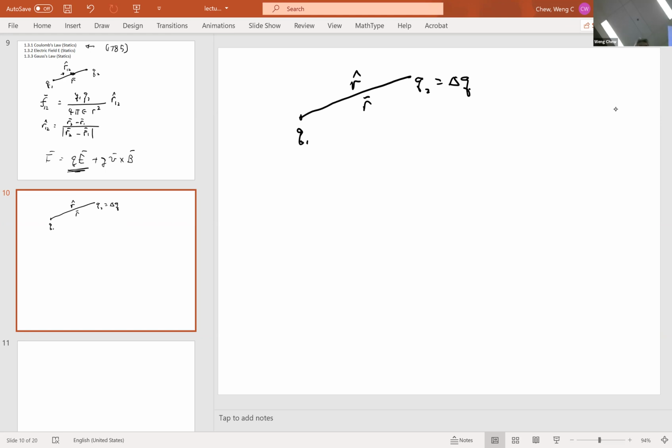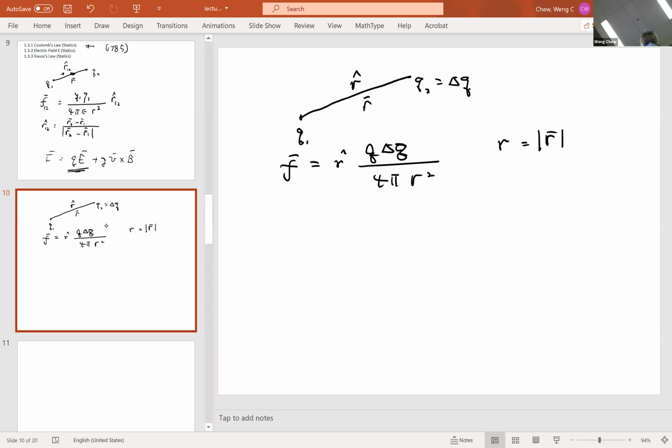Then I can write the force as being equal to r hat Q1 delta q over 4 pi epsilon r squared. R here just means that when you take a position vector's magnitude, it becomes a scalar number, and I denote that by r. And the numerator is actually Q1, Q2.